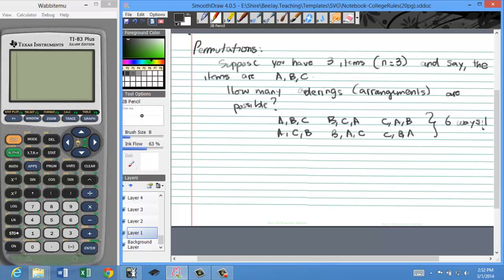But it is easy, and you're able to count the number of ways because n is small. But suppose instead of 3 items, let's say we have n equals 26. We have letters A, B, C all the way up to Z. Then in how many ways could you order these?